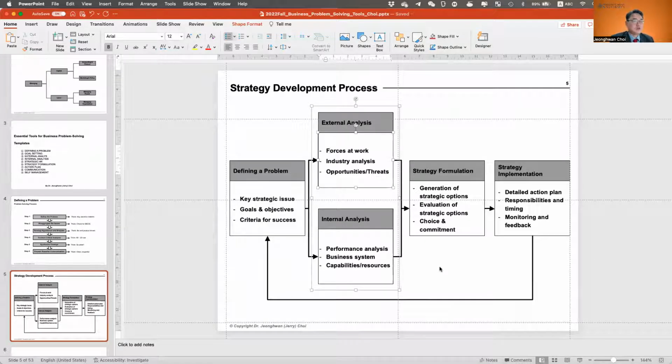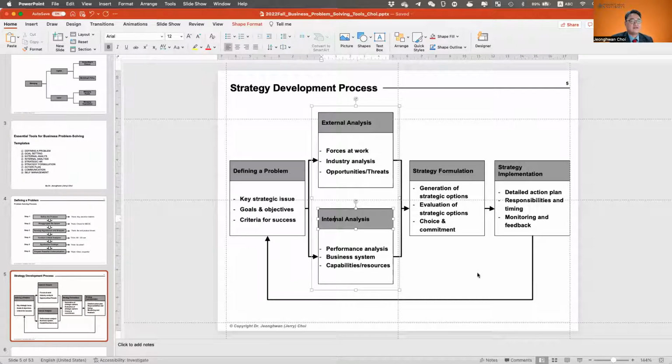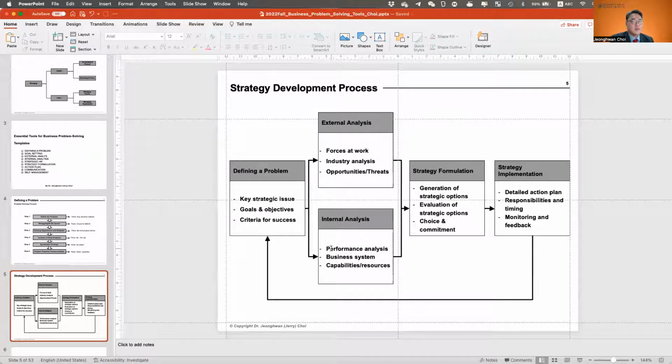Okay. Under the GE, know oneself: we must know ourselves. Internal analysis: we conduct performance analysis, business system analysis, capability or resource analysis, competencies analysis, and financial analysis. Okay, that is our internal analysis.